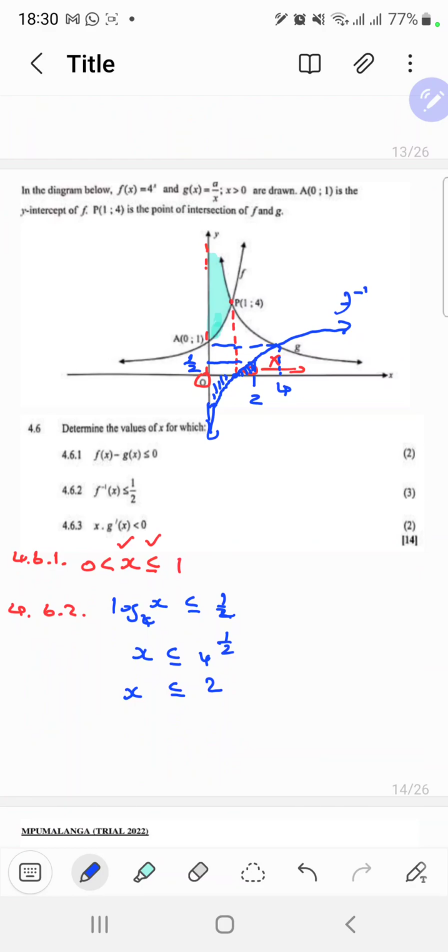Technically here you're getting 3 marks for this one, for this conversion, and maybe for the substitution. But it's not over. We need to also capture the fact that there is an asymptote here.